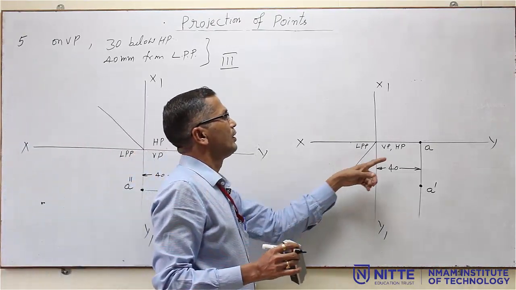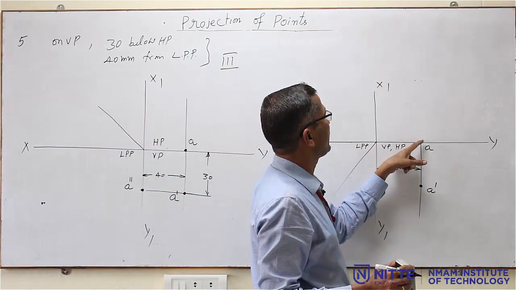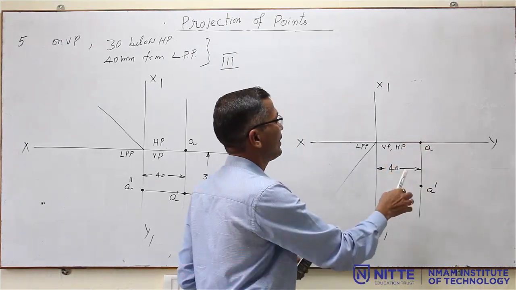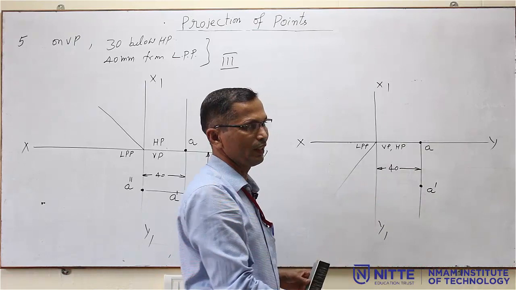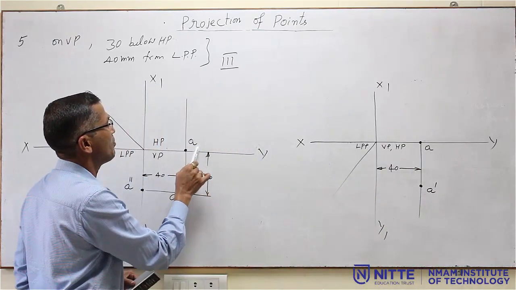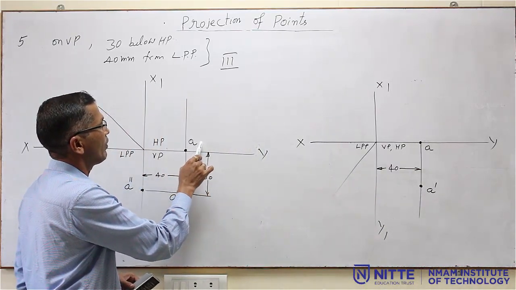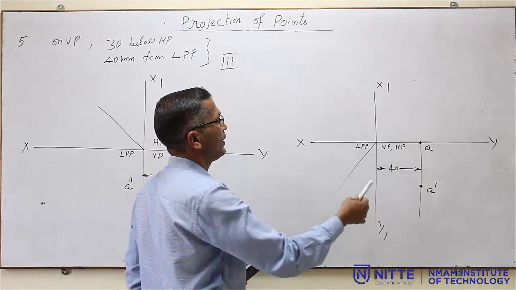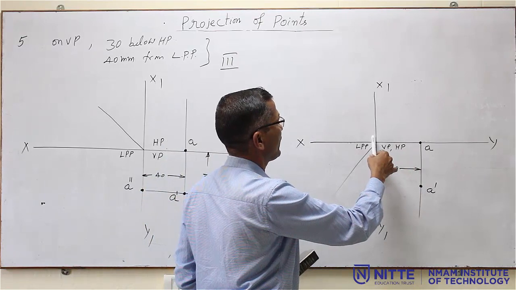Here the point is on the XY line itself, but the name A you have to write below the line. That indicates that the point is in the fourth quadrant. That is the only difference. Only this A will matter, whether you solve it in the third quadrant or the fourth quadrant.